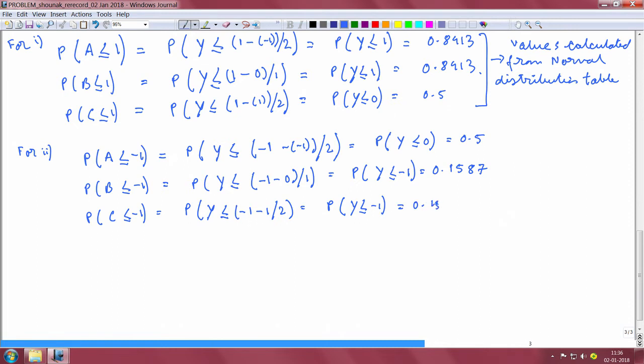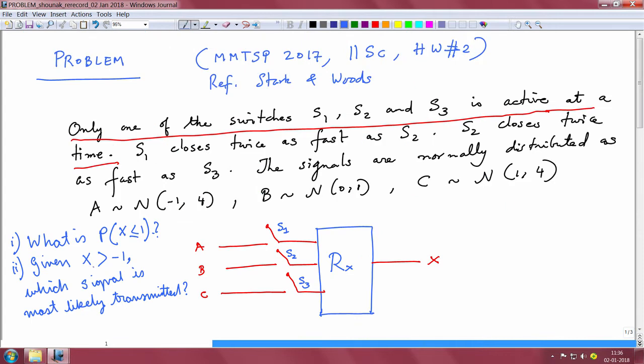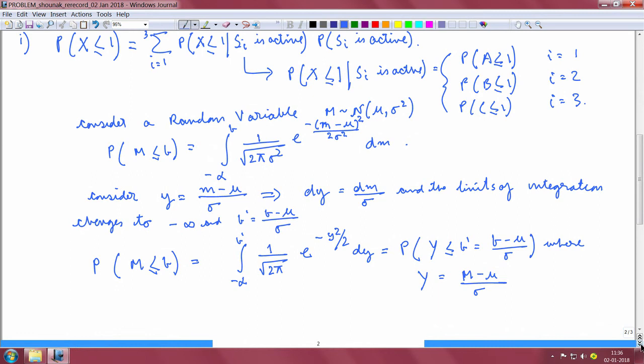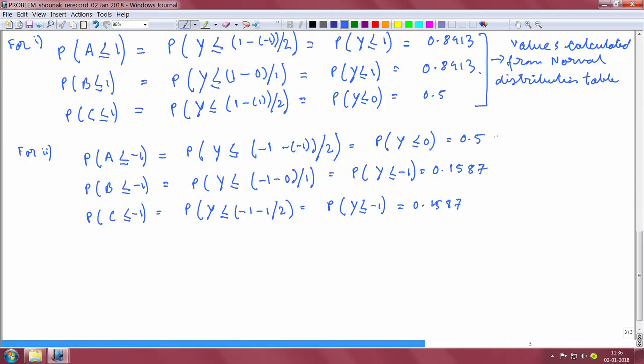But this is not the only thing that we need here. We basically have to calculate a probability of x greater than minus 1, right. So, this implies that we are looking at the reverse order. Probability that A is greater than minus 1 is nothing but 1 minus probability that A is less than or equal to minus 1.